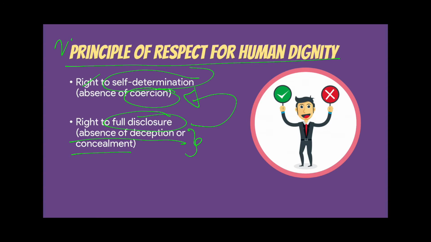But this is only when, one, it is really an essential part of the study, that there will be a big problem in the rigor of the study if this was not done. And number two, that the deception or concealment that is going to be done is not going to be causing large harm on the participant.